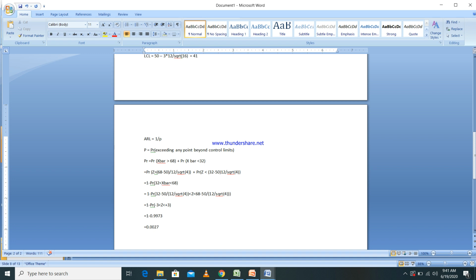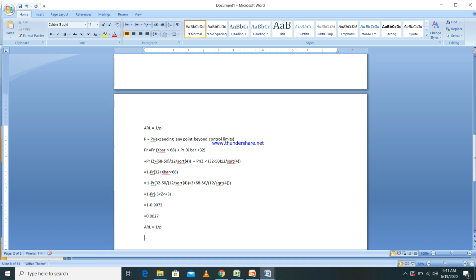Right? So this is the probability of receiving an out of control signal with the use of your control chart. Right? But still we are interested in ARL. So ARL is equal to 1 over this probability. Right? So in that case, now our probability is equal to 0.0027.